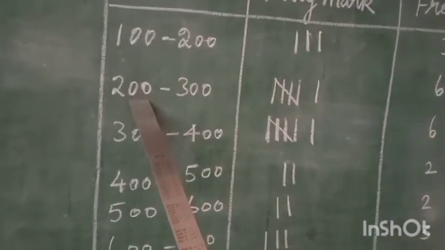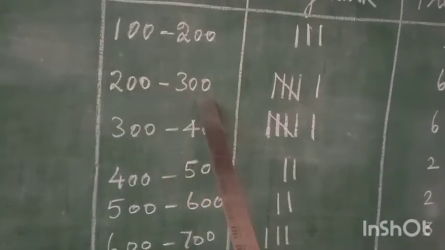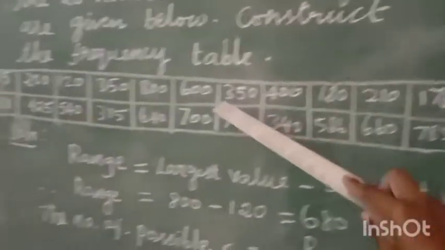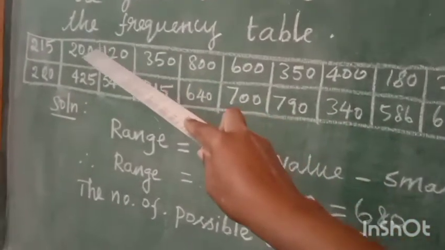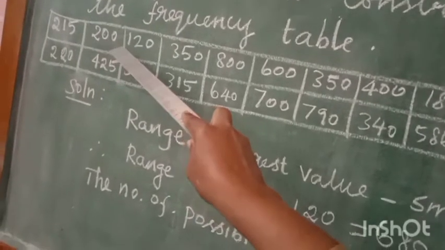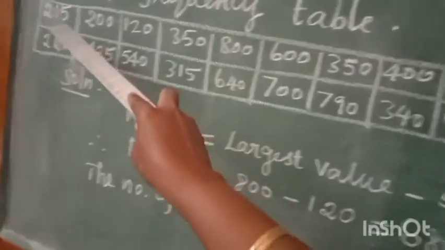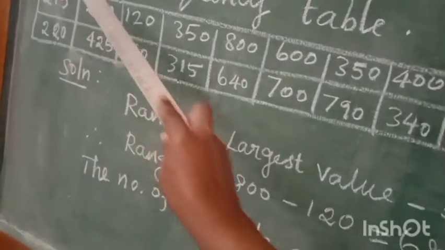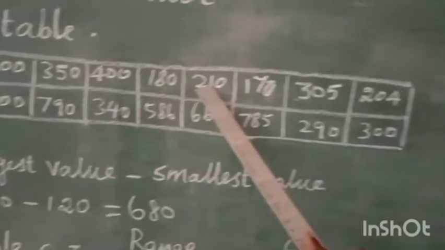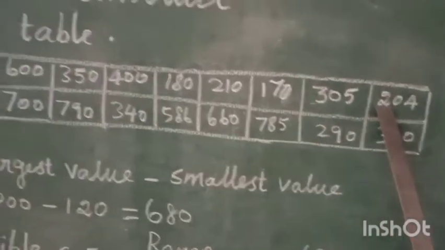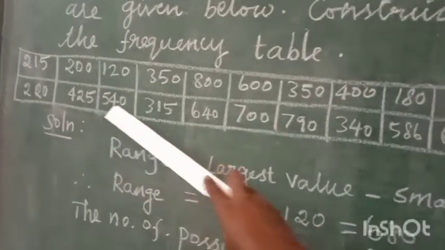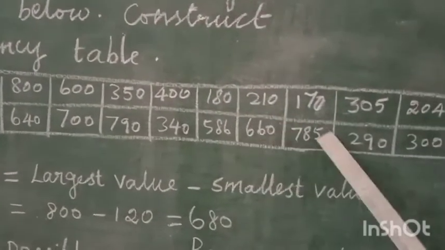Next class interval, 200 to 300. Now refer to the data. 200 is included here. 1, 2, 3, 4, 5, 6.